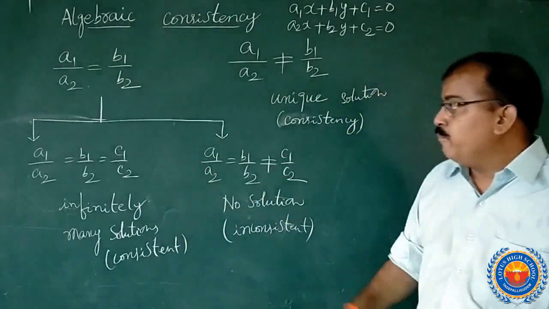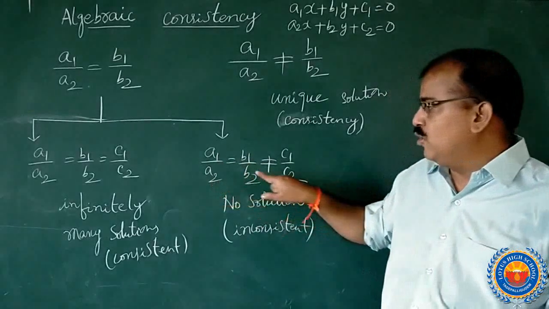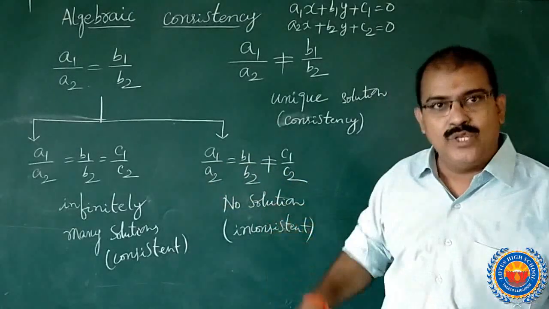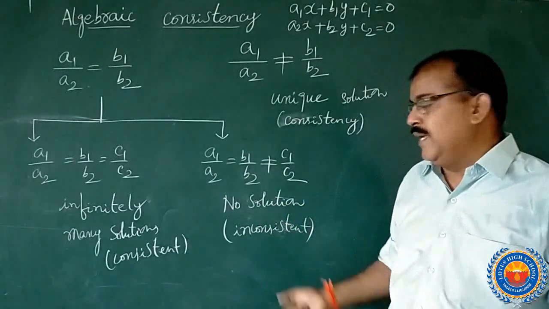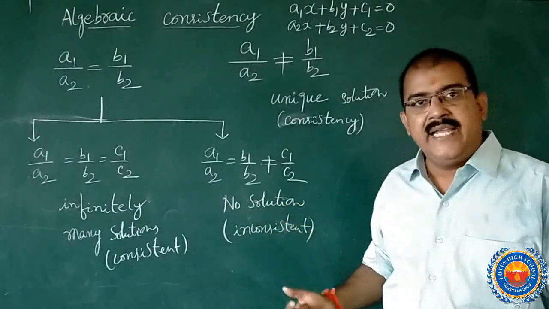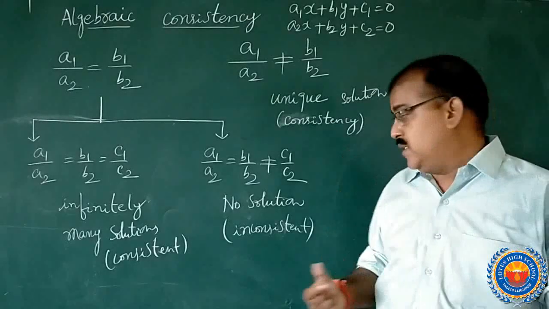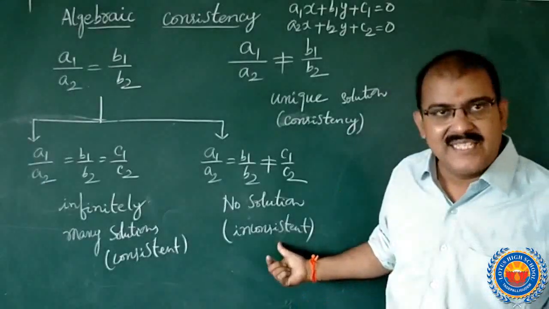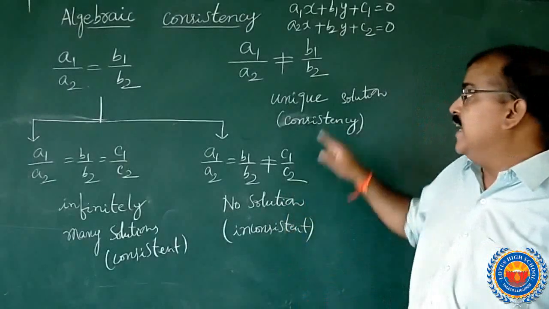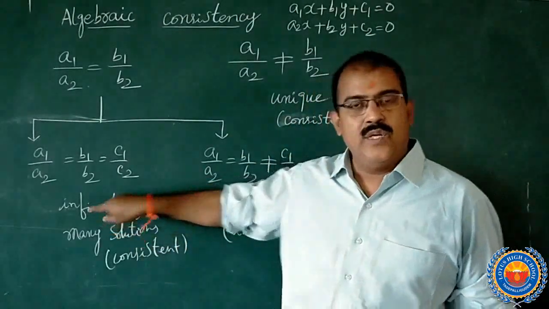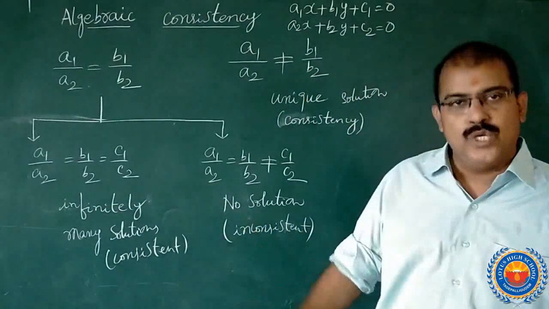Coming to this point, if a1 by a2 is equal to b1 by b2 is not equal to c1 by c2, we can say no solution. If there is no solution, we say that pair of linear equations in two variables is inconsistent. Consistent means unique solution, or infinitely many solutions. Inconsistent means no solution.